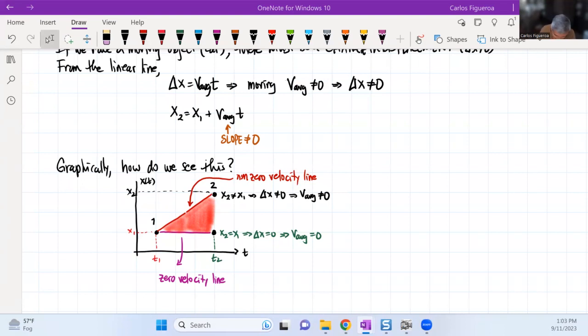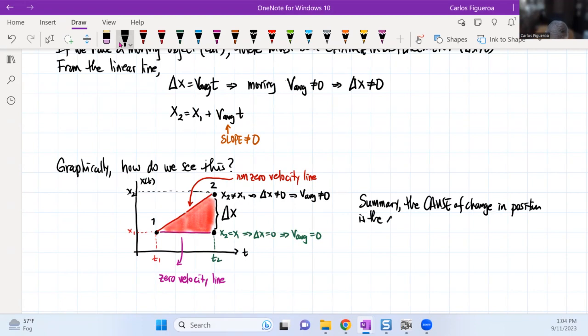So that's the upshot of this discussion here, and you can see that this is my delta x. That's what's really telling me here. So in summary, the cause of change in position, and displacement, is the average velocity.